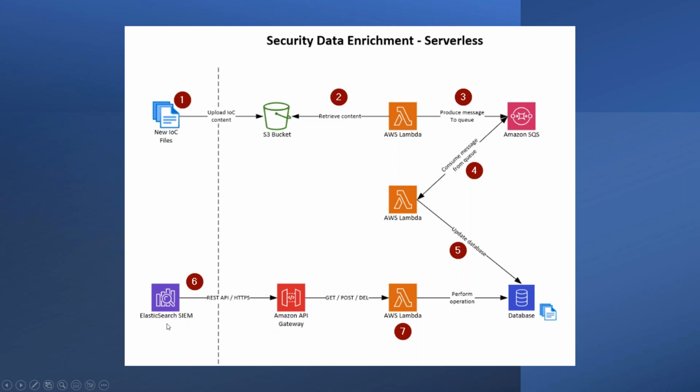These are basically the commands that Elasticsearch allows. Either you get the information, you post new information, or you delete a record. That engages a third Lambda that allows us to perform this operation, and the information is obviously stored in the database.